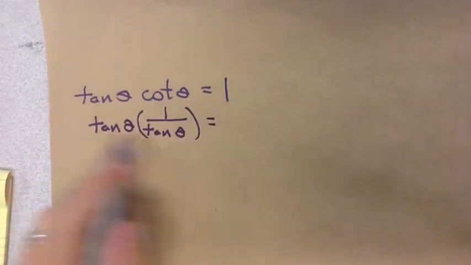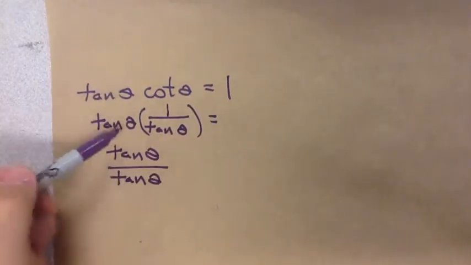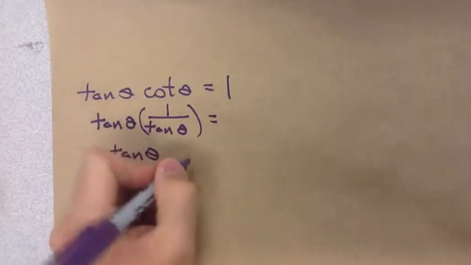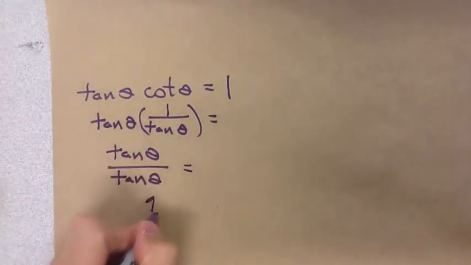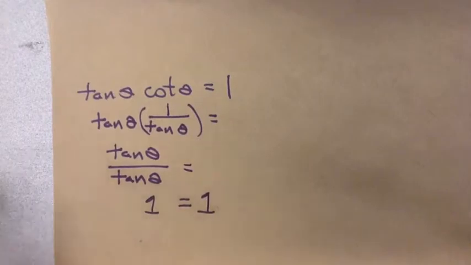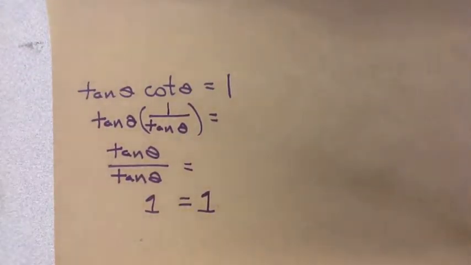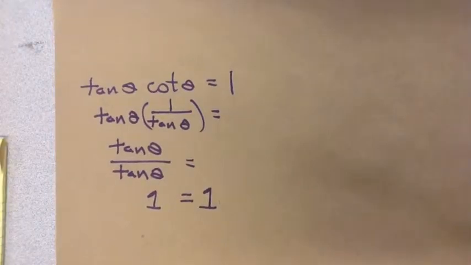Okay, and then by multiplying, we get tangent theta over tangent theta, which ultimately becomes 1, which matches what we wanted on the right side, 1 and 1. Okay, so that's really all it is. It's simplifying it down using them.